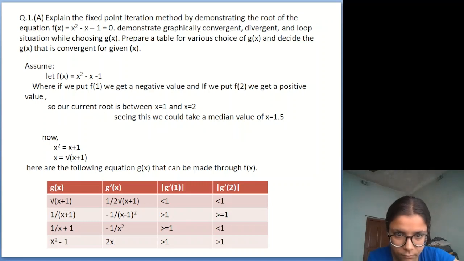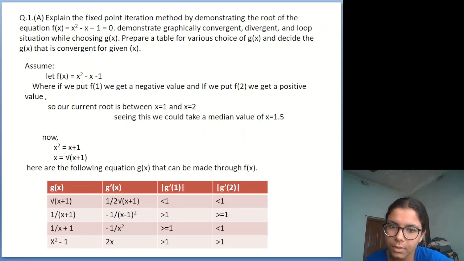Now other than this, we could approach another method. We could have another way of finding the value of x. And so as you can see here, there are many g(x) here.